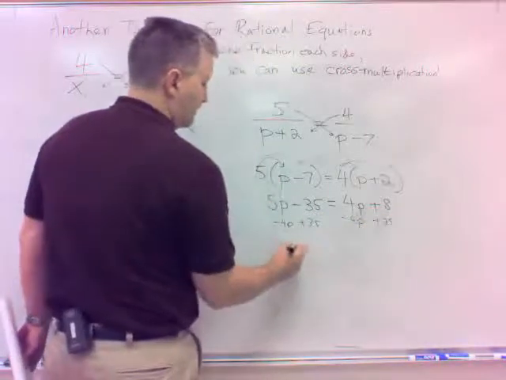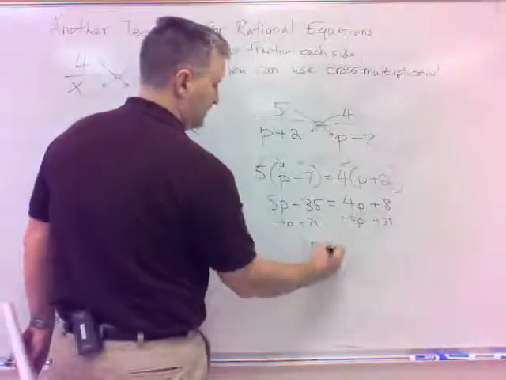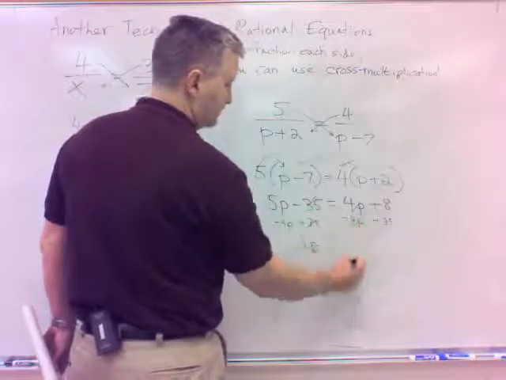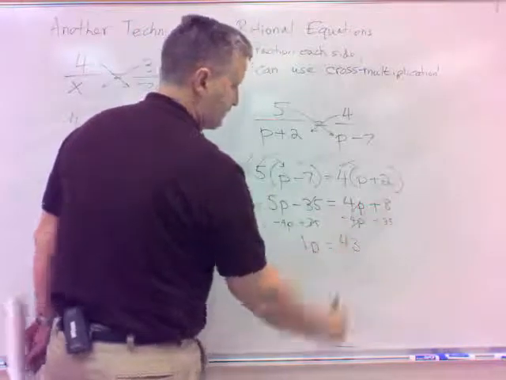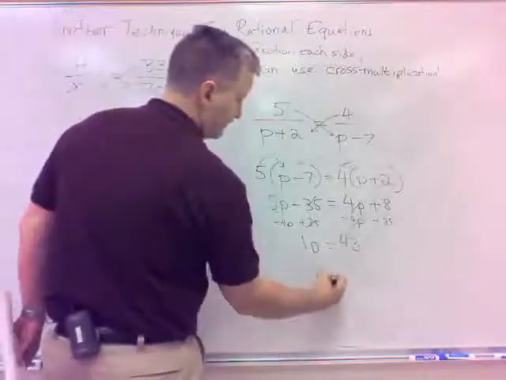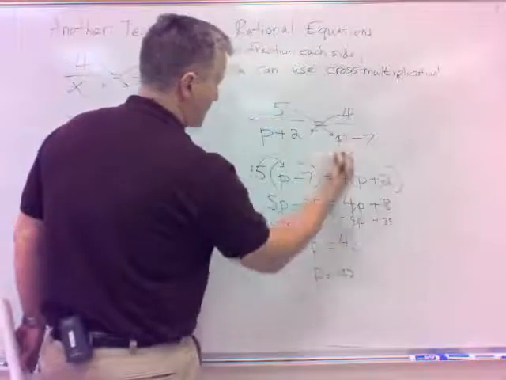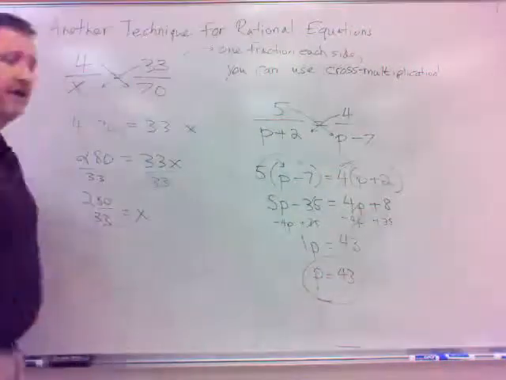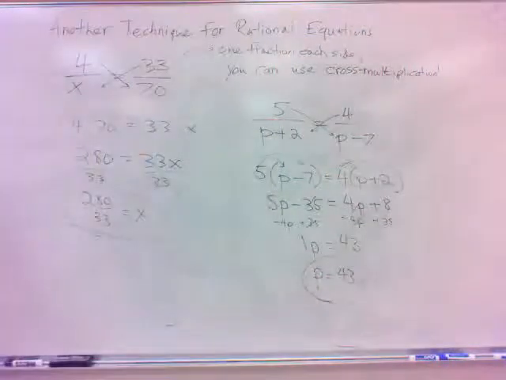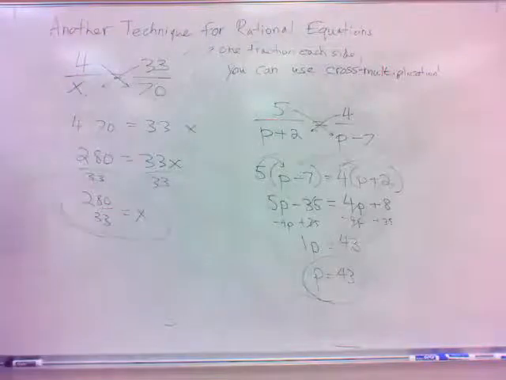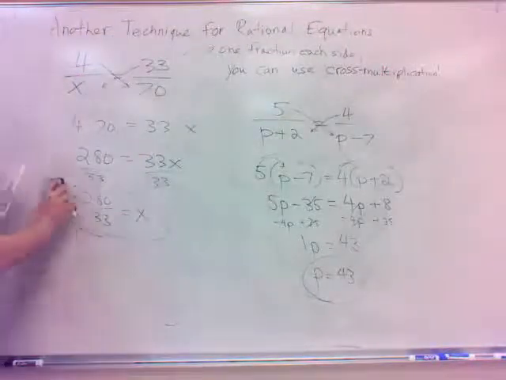So I have 5p minus 4p, that's 1p, and the 4p's go out, so that's 43 on the right. P is 43. It's not excluded. It's all good. Okay? That can be done in those scenarios there.